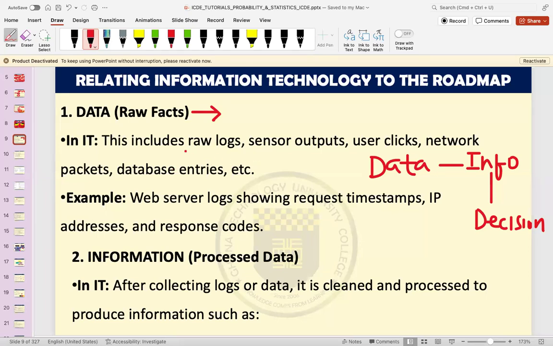Anytime you have raw logs, sensor outputs, user clicks, network packets, or database entries, all these qualify as data in IT, or raw facts.